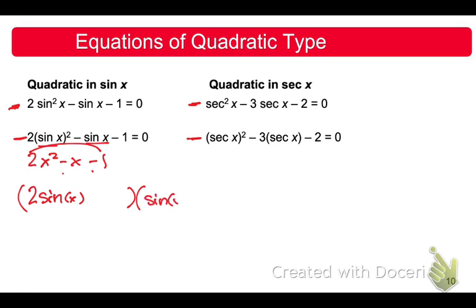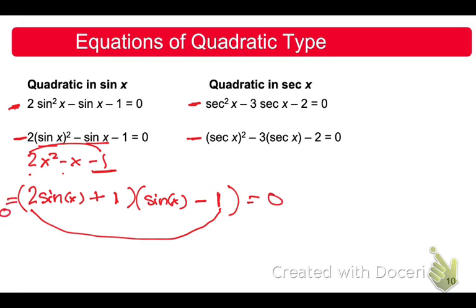There's my 1 and my 2. And the factors of 1 are 1 and 1. And we need the 2 to be negative, right? So this one has to be negative, and this one is positive. So set them both equal to 0. So you have sine of x equals negative 1/2, and sine of x equals 1.